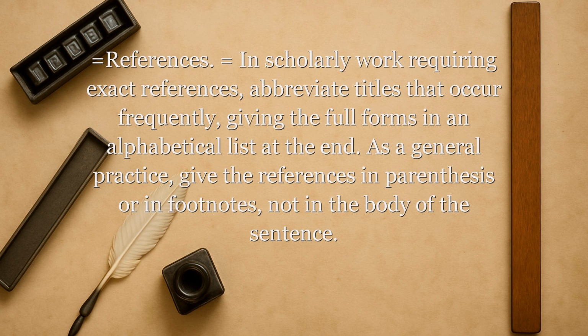G. References. In scholarly work requiring exact references, abbreviate titles that occur frequently, giving the full forms in an alphabetical list at the end. As a general practice, give the references in parentheses or in footnotes, not in the body of the sentence.